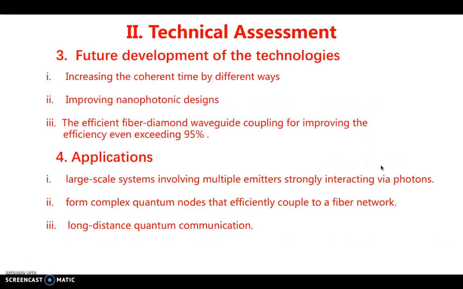At last, what can we do to improve these technologies? The first thing is increasing the coherence time by operating at low temperatures or engineering the photonic density of states to suppress photon relaxation processes.